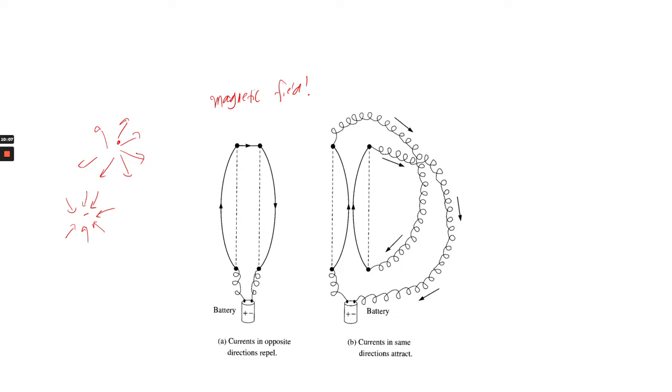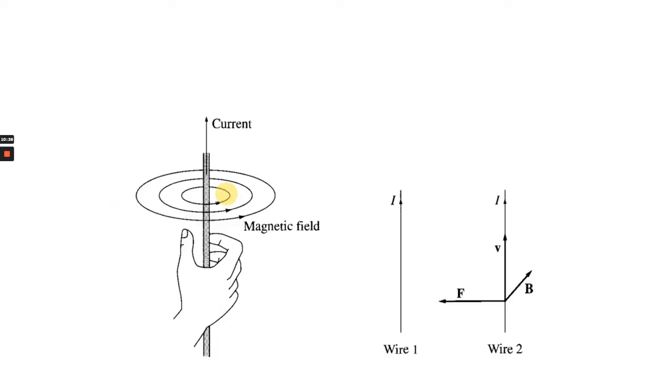So now if you try to hold up a tiny compass in the vicinity of a current carrying wire, you will notice that the field will not point toward the wire. It will not also point away from the wire, but rather it circles around the wire. So somehow it behaves like this.